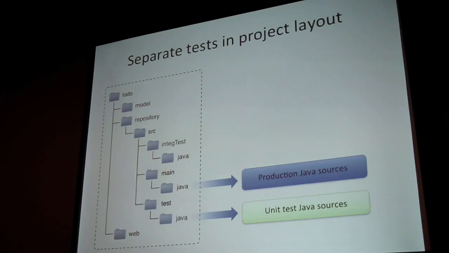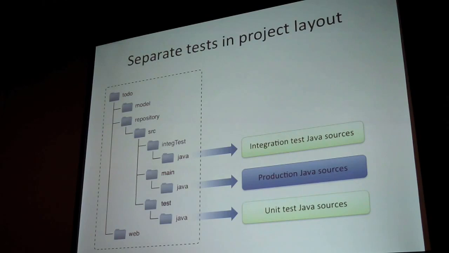The problem with that is that if you mix up these types of tests, you actually have to communicate that to your developers as well, and they have to make sure that you don't mix them up, otherwise you run integration tests in your earlier phase, which you want to avoid. What I personally like to do is to separate them into a different directory, and here I call this directory src/integTest/java.